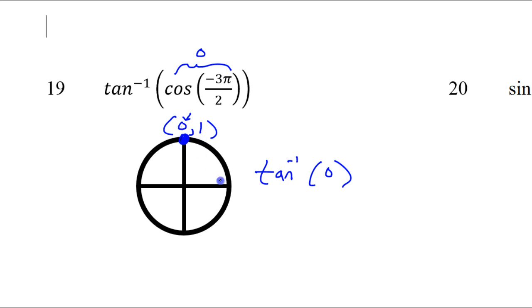That's undefined. So what about this angle right here? This is 1, 0. Y over x, that'd be 0 over 1. 0 over 1 is 0. So that works. And this is actually the angle 0. So the inverse tangent of 0 is 0.